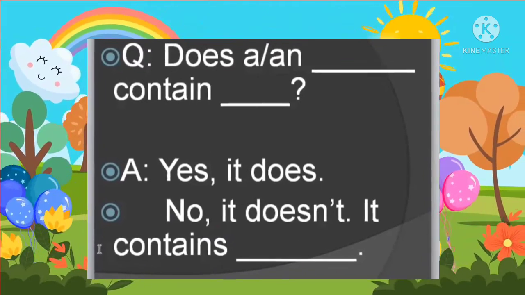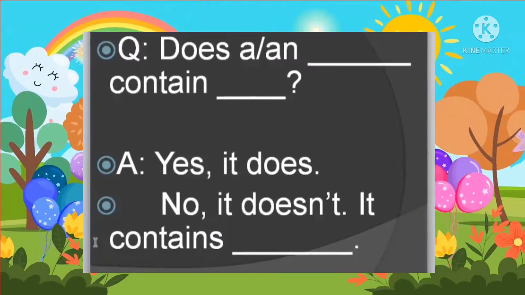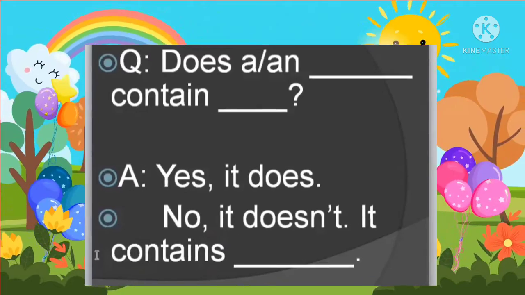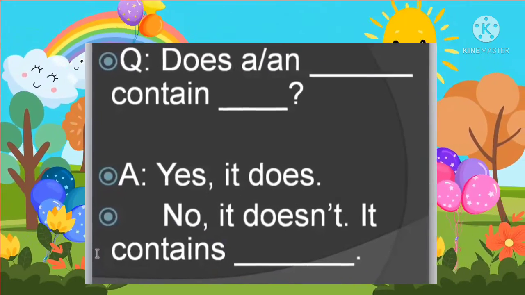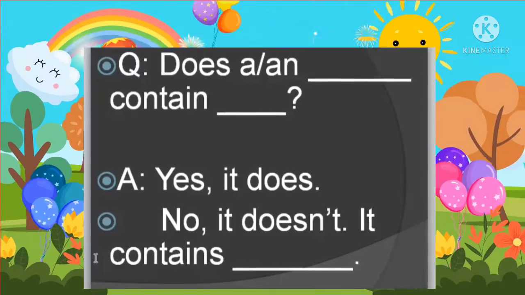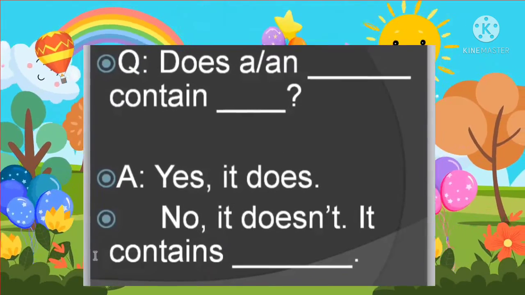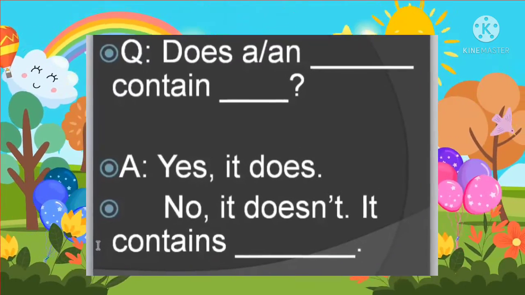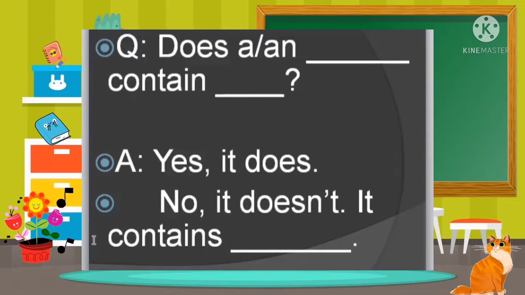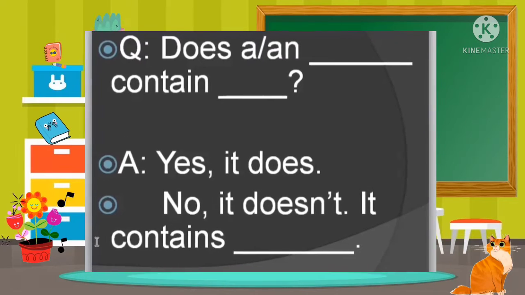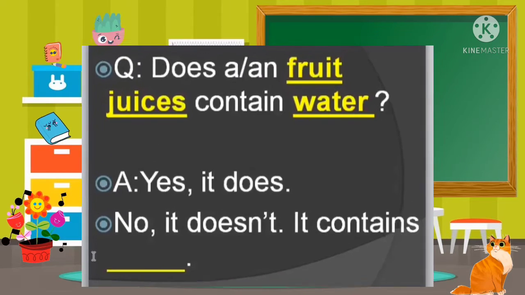Now let's proceed to our second sentence structure. I will say, does an blank contain blank? And you are going to answer, yes, it does. Or no, it doesn't. It contains blank. Let's have an example.